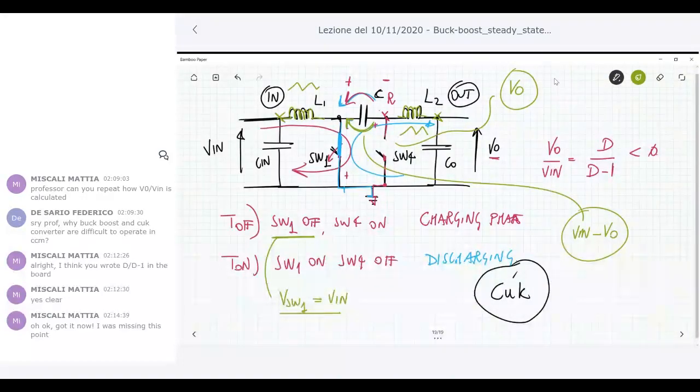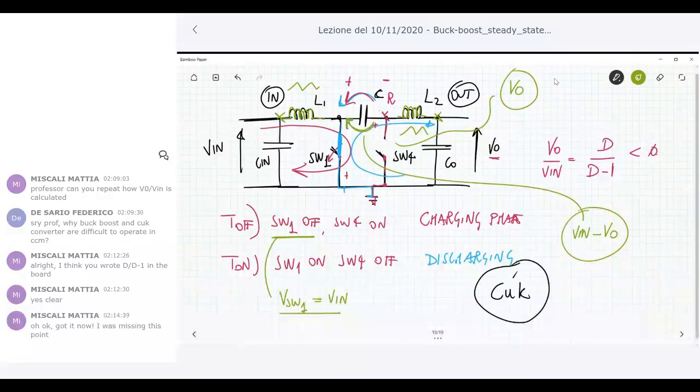This is a difference with respect to the buck boost, because here we have a topology in which the capacitor working voltage is very large. So for applications in which this voltage is large, you can have problems finding reliable capacitors with such a huge working voltage.